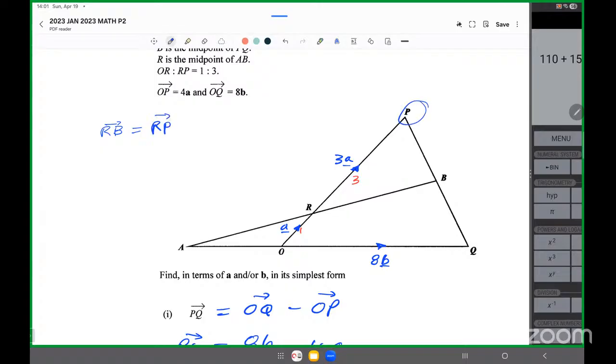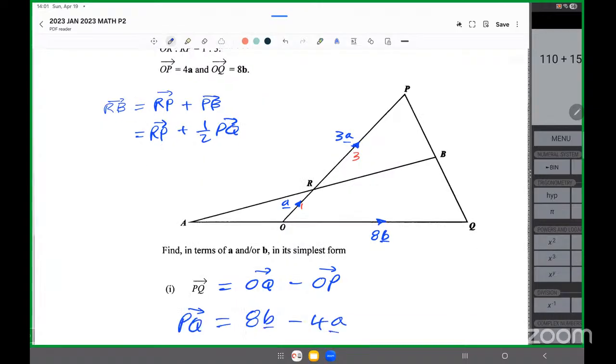And then we're going to go P to B down here. But PB is half of the PQ that we just found a while ago. So we're going to go R to P, which we know is 3A, plus half of the PQ. Because we know the PQ is this.